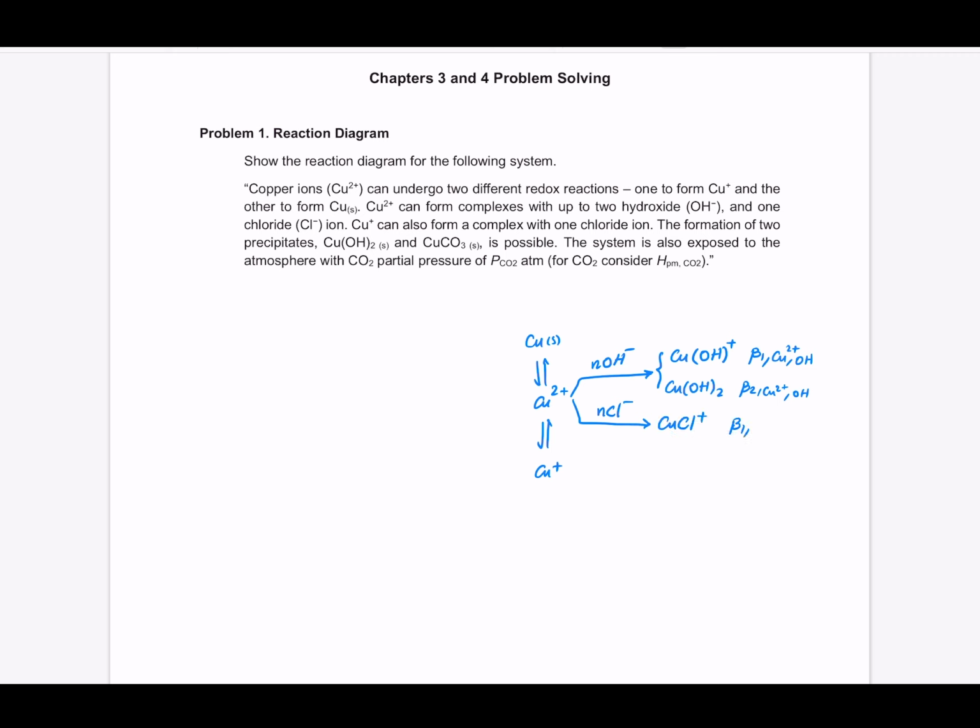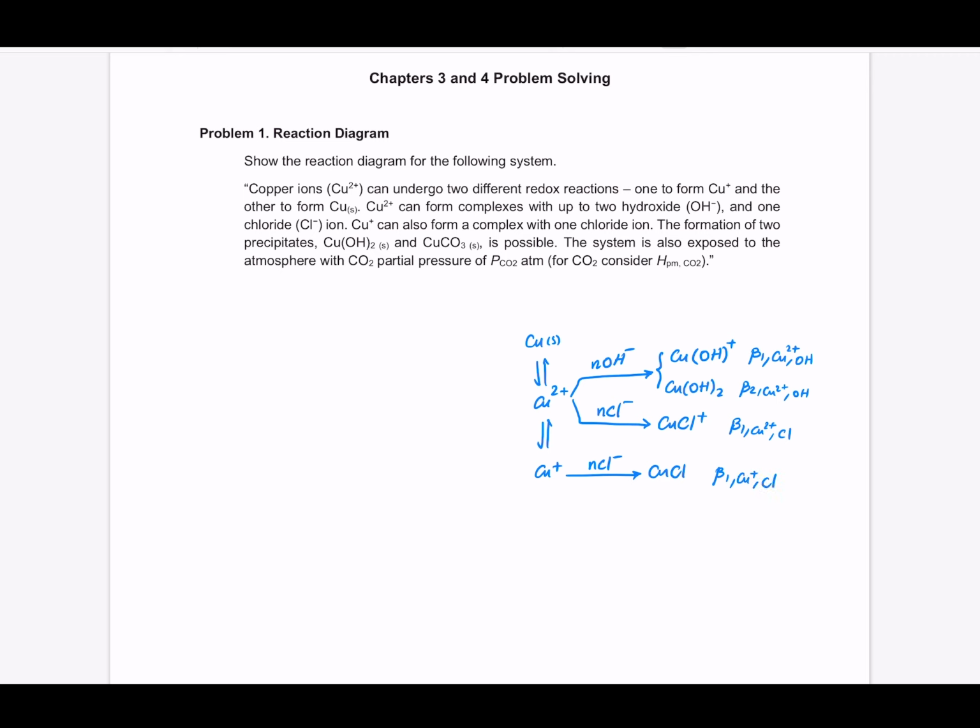This would be beta 1 of copper 2+ with Cl. Then we also have the complexation of copper+ with 1 chloride ion, and that's it. So copper 1+, which was the product of one of the redox reactions, can also complex with Cl, and then the charge would be basically 0. They cancel out. This would be beta 1 of copper+ with Cl.